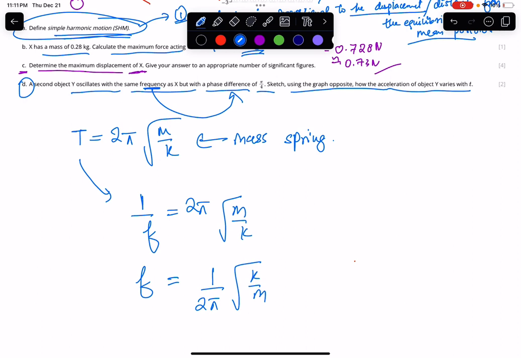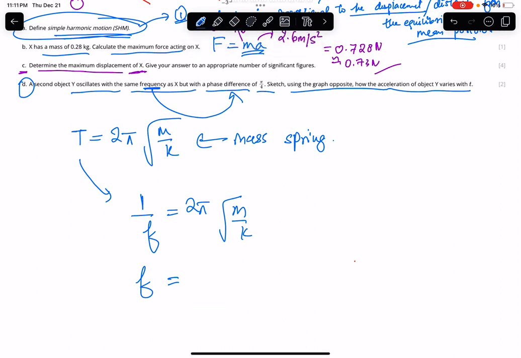So the frequency is 1 divided by 2 pi square root of k by m.